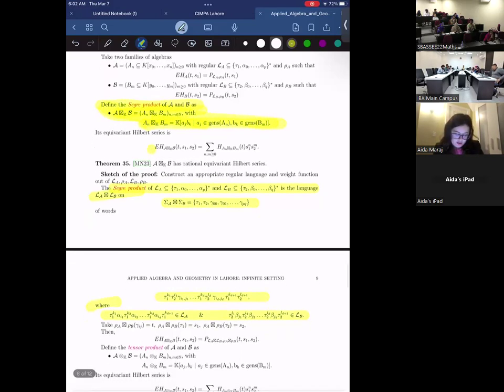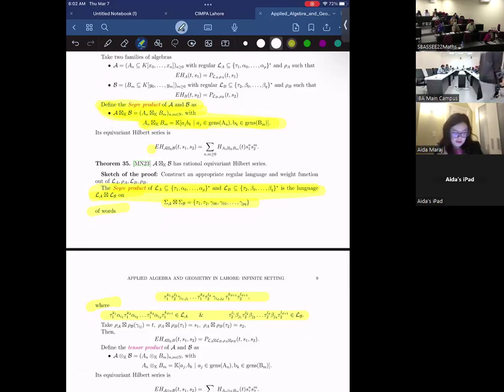we define the Segre product of two languages, which I'm sharing in the notes, but I'm not going to go into details on how we do that. It's a slightly heavy notation, but a natural definition. This Segre product of languages works as the Segre product in algebra.